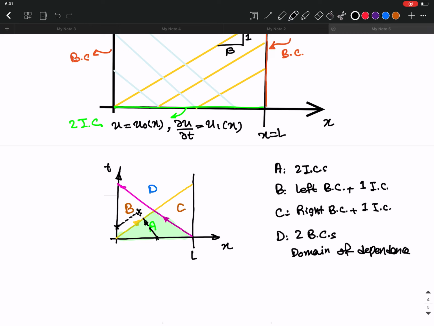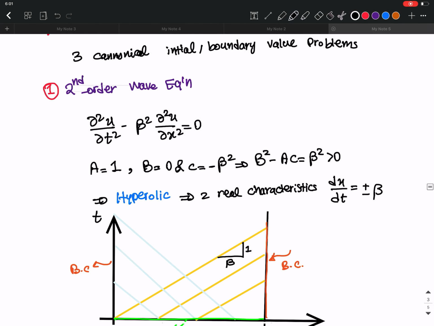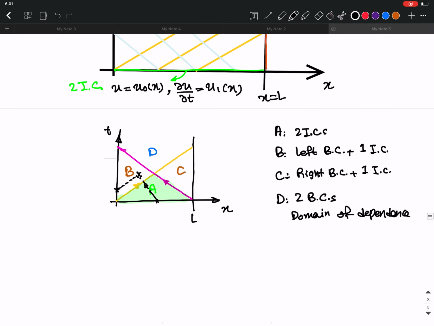In general form, that is what information you need to be able to solve this hyperbolic second order wave equation. Okay, so just one note here, as you see, you need both boundary condition and initial condition for solving this problem, right?